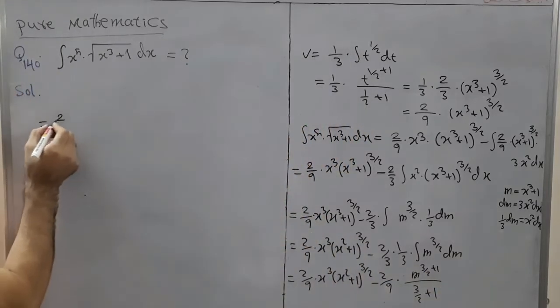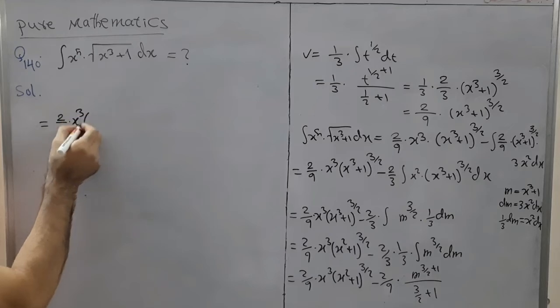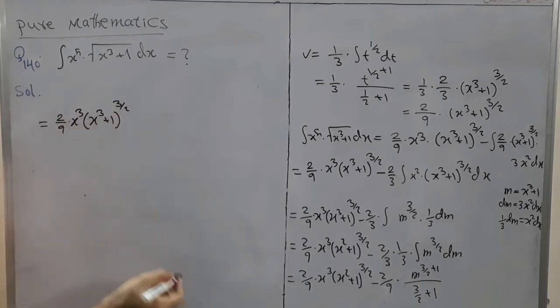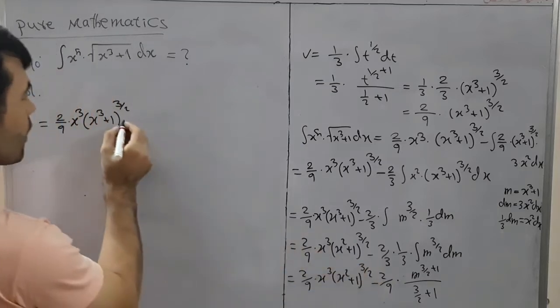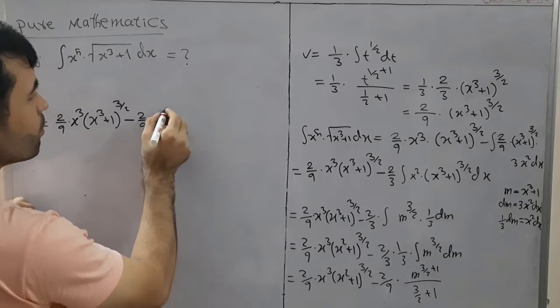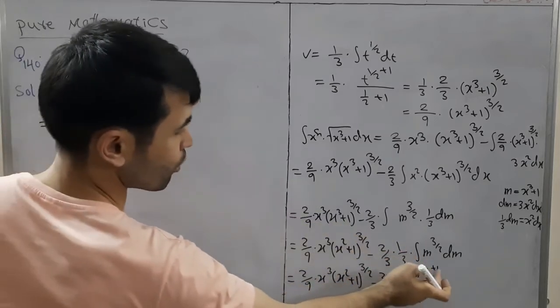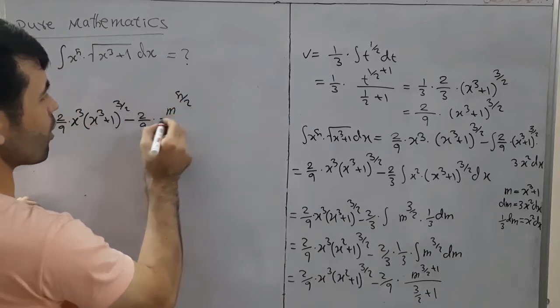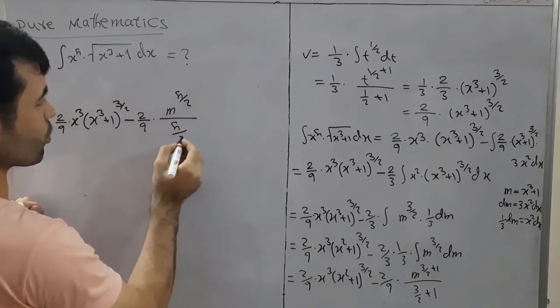It is equal to 2 over 9 into x cube plus 1 whole to the power 3 over 2 minus 2 over 9 into m to the power 3 over 2 plus 1, over 3 over 2 plus 1, which is m to the power 5 over 2 over 5 over 2.